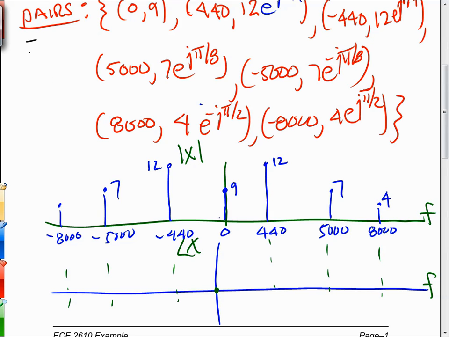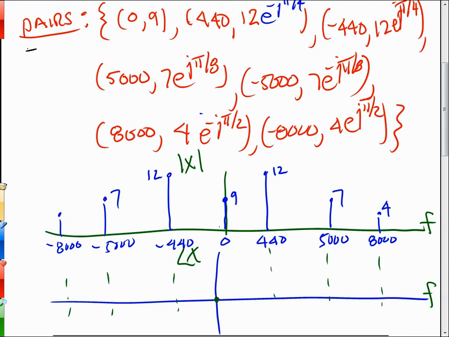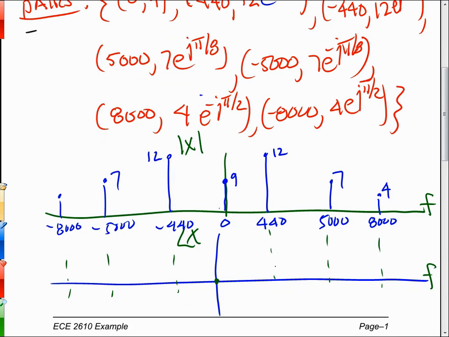So in terms of phase angles, getting back to where we were, at 440 we had minus pi over 4. So this one has to hang down here. That's minus pi over 4. And because of the way Euler's identity works, what must be true of the minus 440?